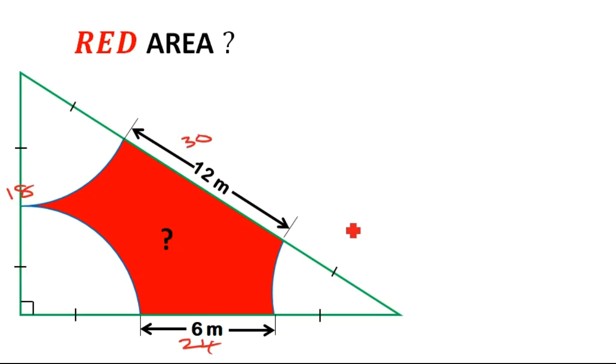So how do we get the red area? Remember, the red area will be given by the area of the whole triangle, which is given by a half base times height, because it is a right angled triangle. Then minus the area of the three portions, because you can see the lengths of all these sectors are the same, meaning you can join them together.